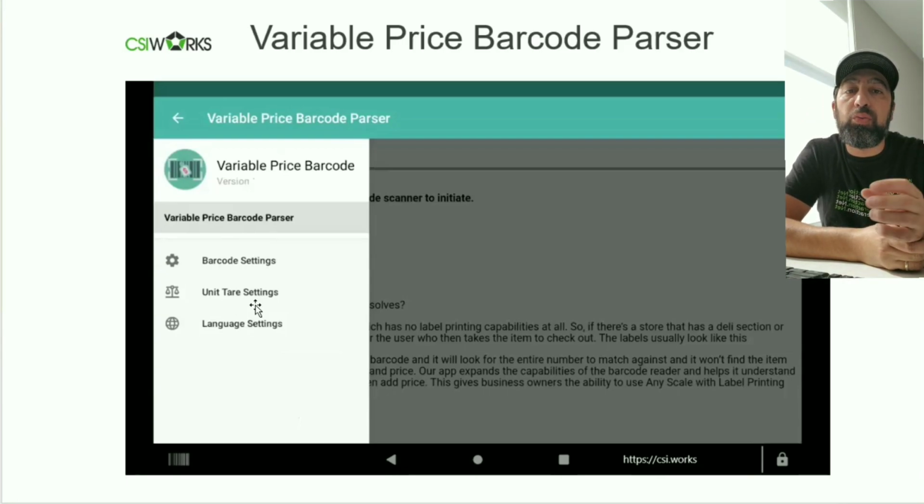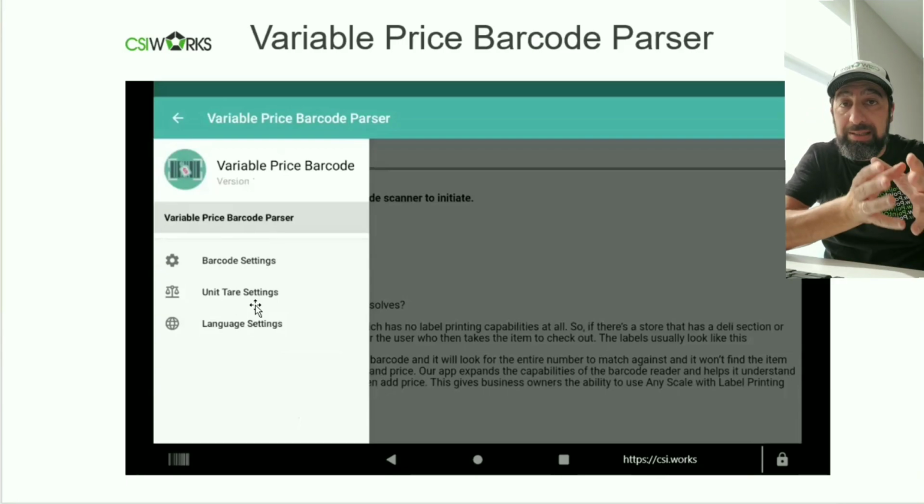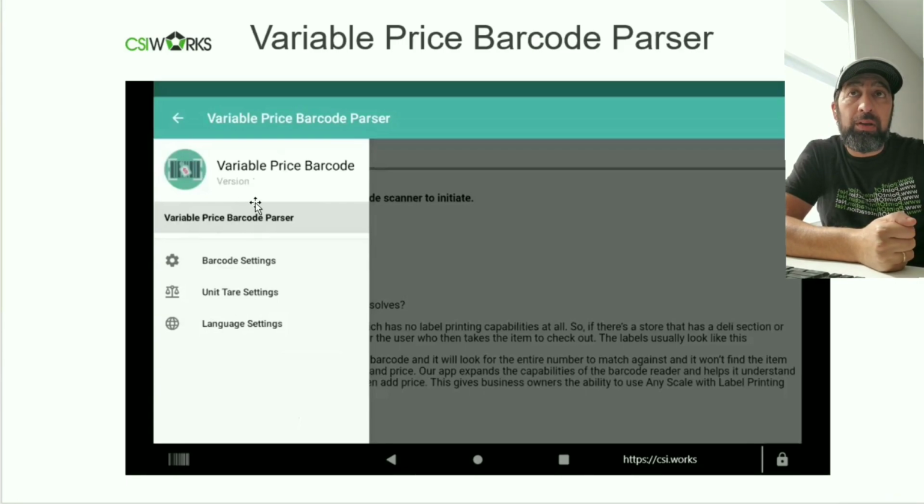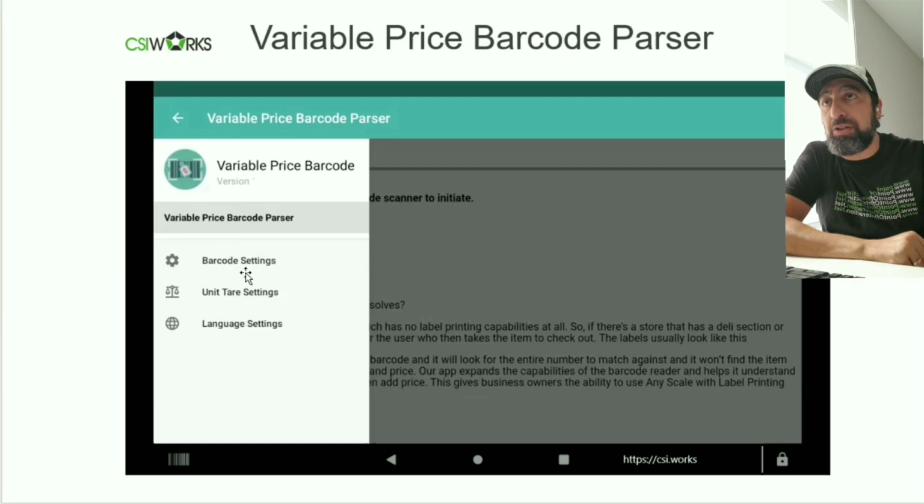And so what we've done is we've taken that app individually offline, and its entire functionality became a feature inside Variable Price Barcode Parser. Having ability to use both of these features, the price plan for that is $19 a month. And then the merchant has the scanning capabilities and the tare capabilities with advanced barcode parsing.